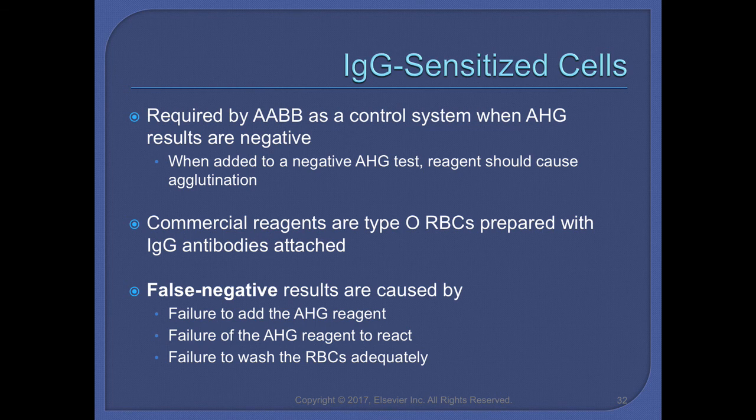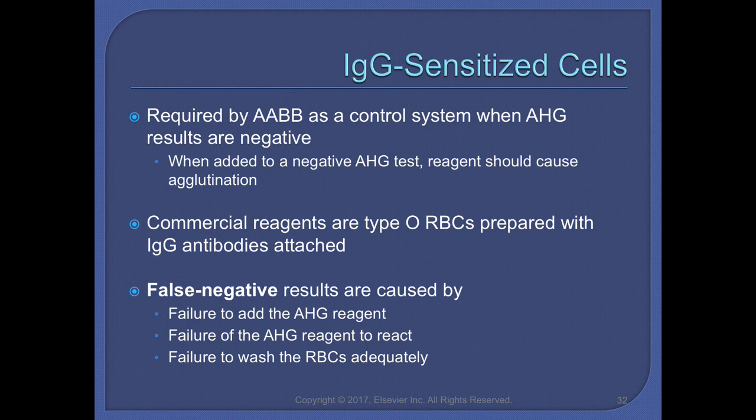It is required by the AABB that we use IgG-sensitized cells as a control system when AHG results are negative. These are added to a negative AHG test, and the reagents should cause agglutination.